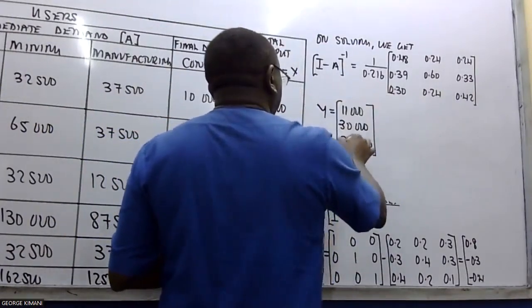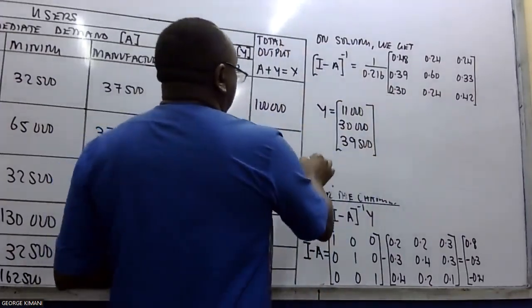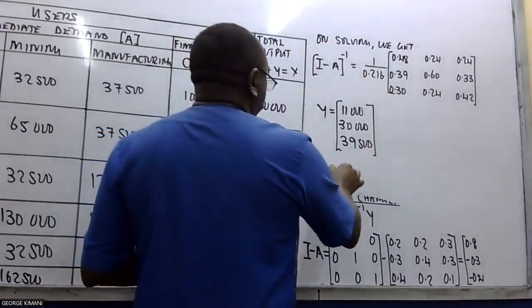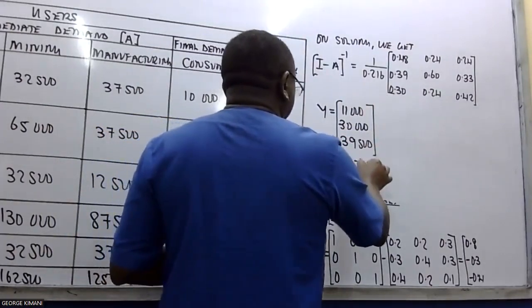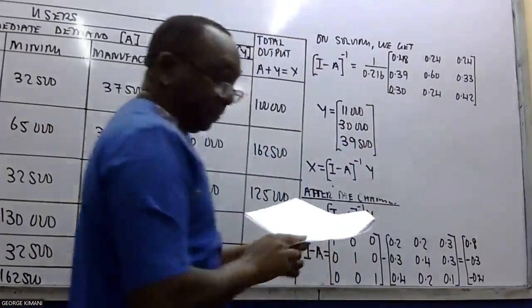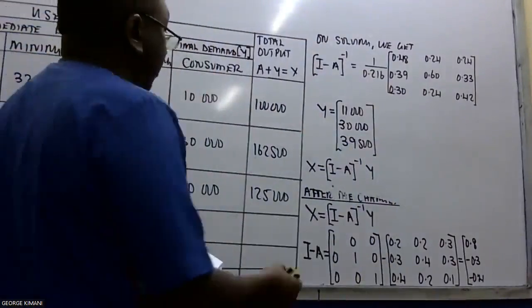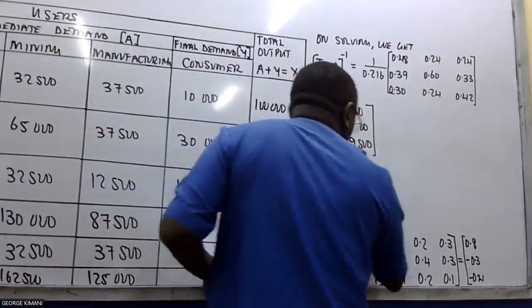That way. Then we can come here and remind ourselves the formula: x is I minus A inverse multiplied by y.